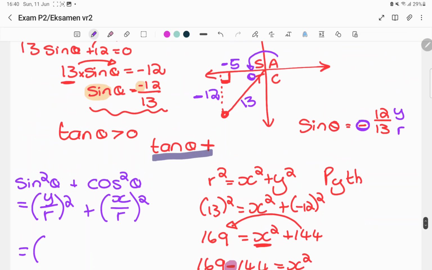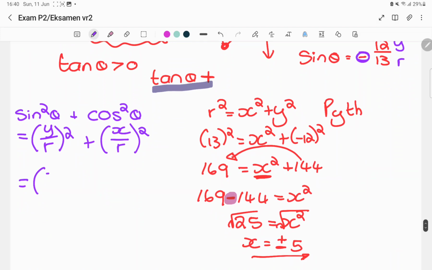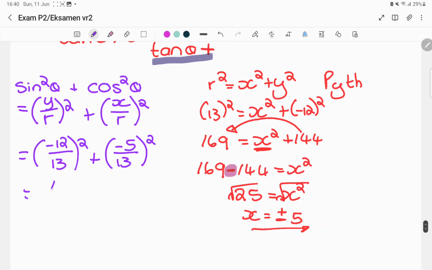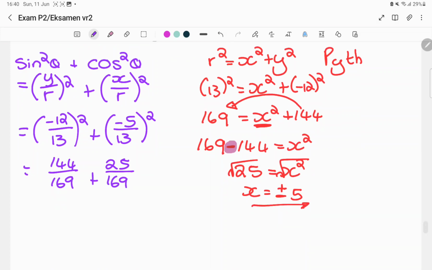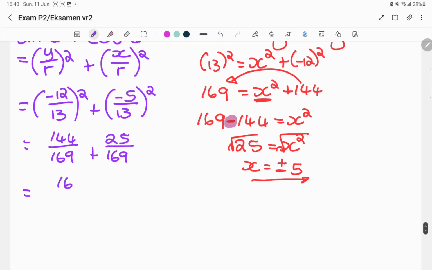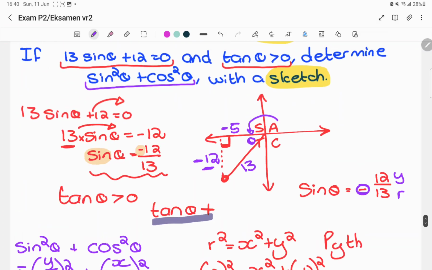My y value was negative 12, my r value is 13, and my x value was negative 5, my r value was 13. Squaring this, I get 144 over 169 plus 25 over 169. And if I add that together, I get 169 over 169, which gives me a final answer of 1. And there you concluded your entire question.